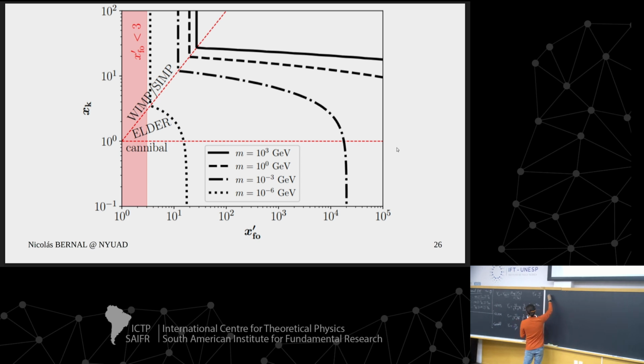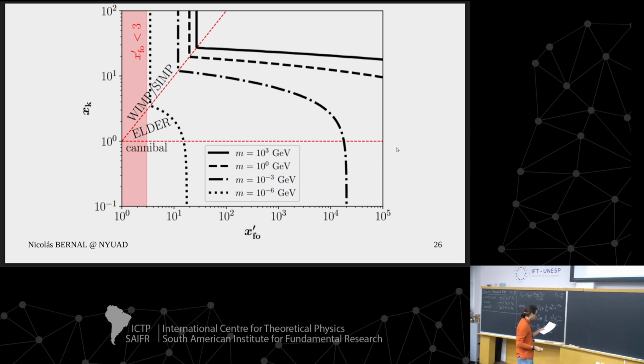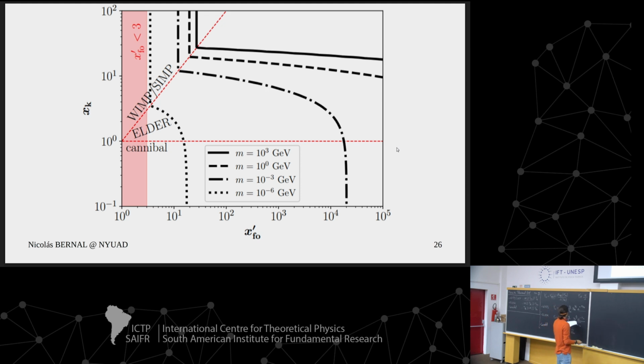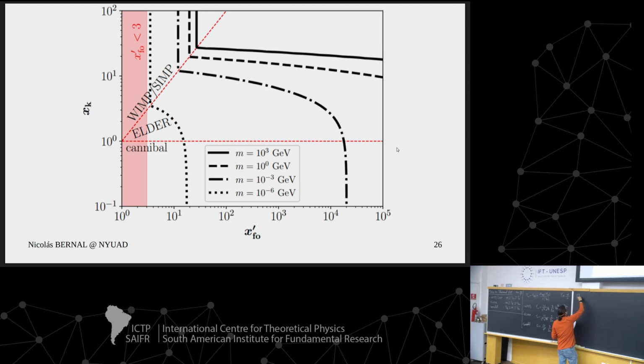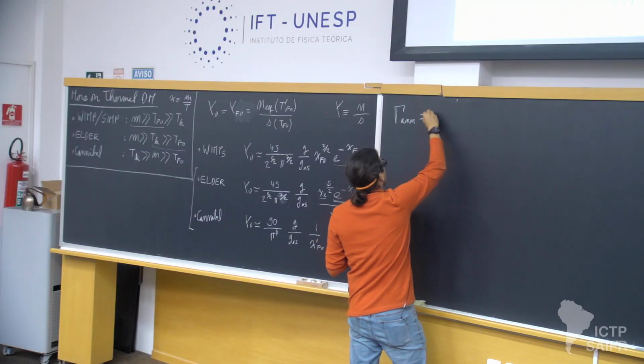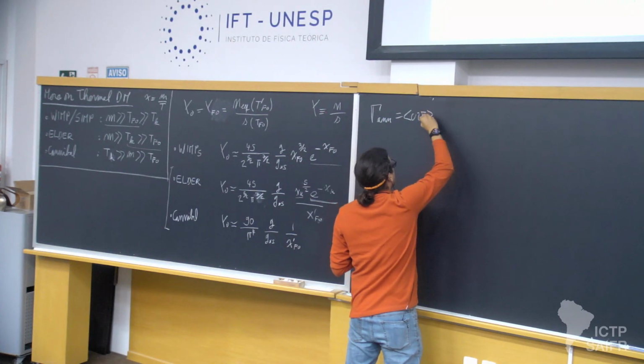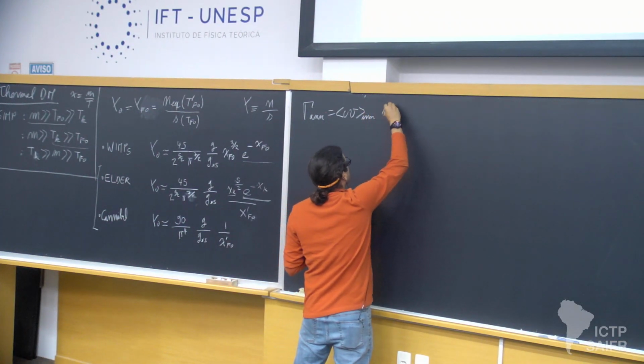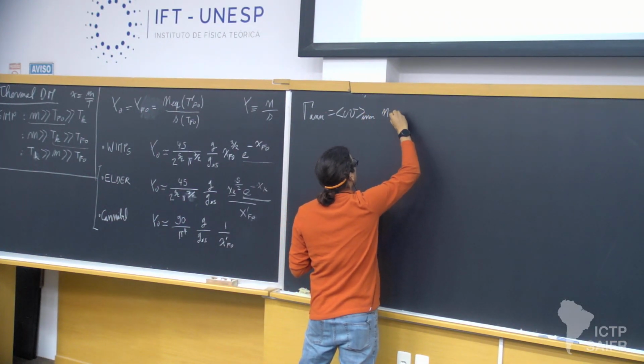Now let's dig a bit into the particle physics. We want to know how to compute all these departures from equilibrium. So remember that we defined this gamma annihilation, the annihilation interaction rate, as sigma v annihilation times n dark matter equilibrium.